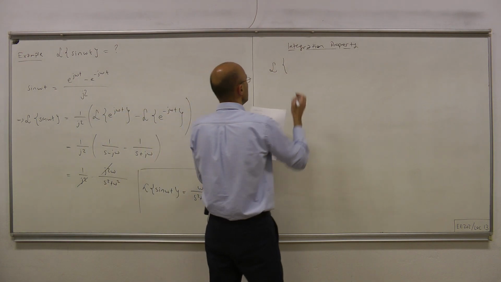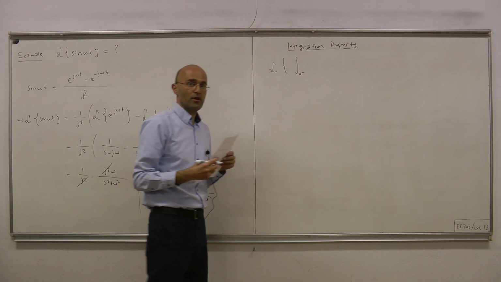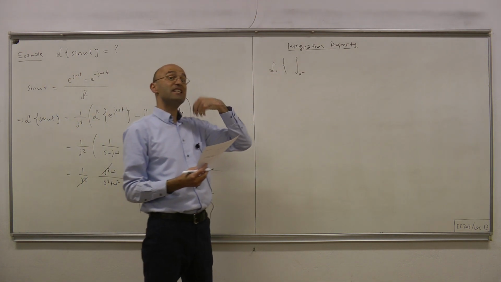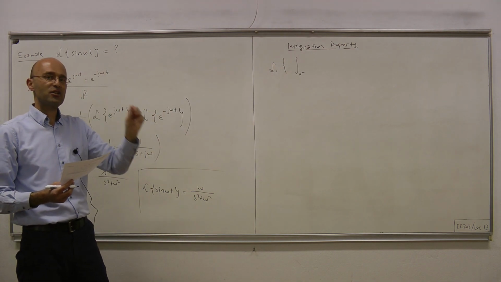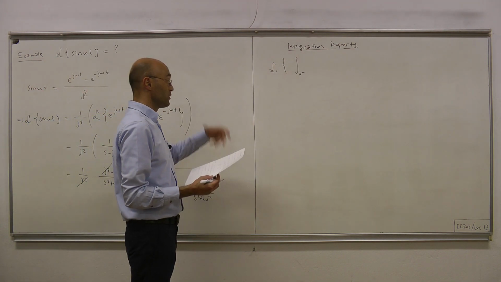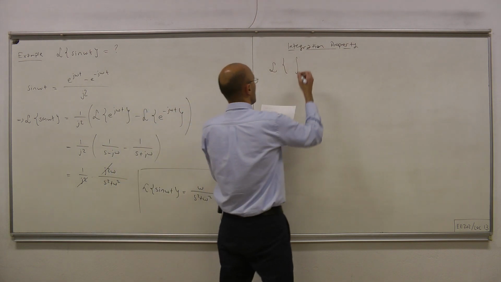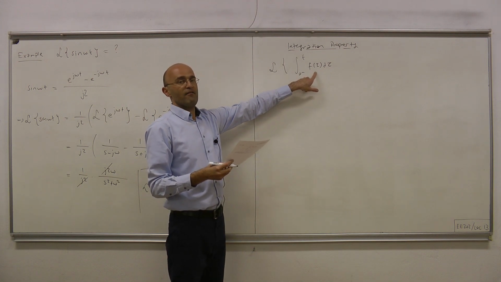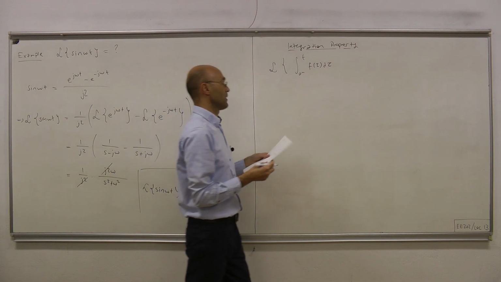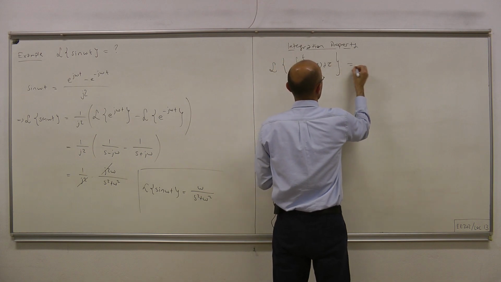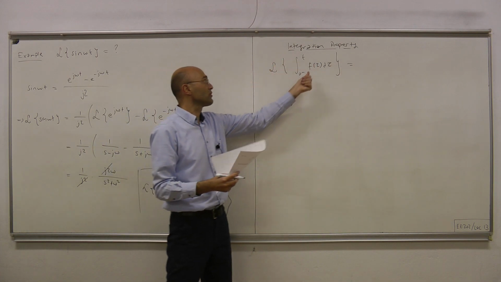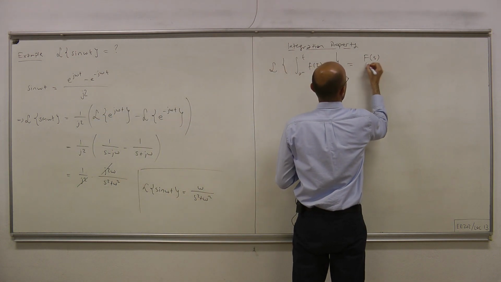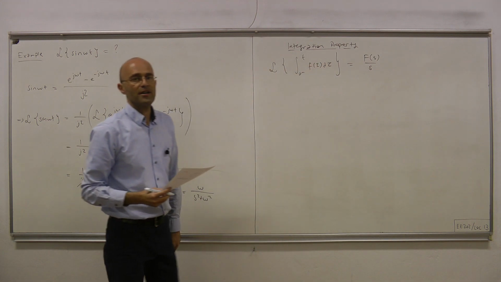Using that transform, you can easily write down the Laplace transform of the integral of that time domain signal, the integral of f tau d tau starting from 0 minus, without actually using the definition. And this equals, in terms of the Laplace transform of f of t, simply F of s over s.